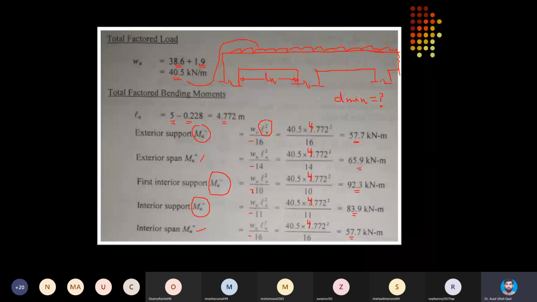But if I will select the lower moment to fix my D minimum, then obviously those sections which are having moment higher than the selected one will enter into either transition or over reinforced domain if I still go singly, which is not allowed.